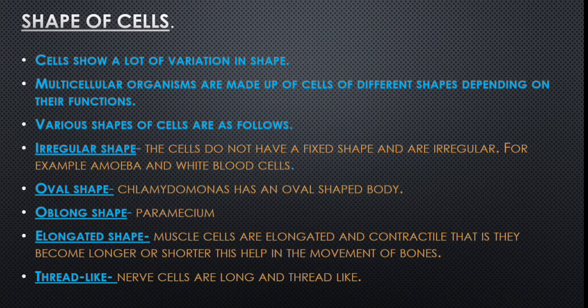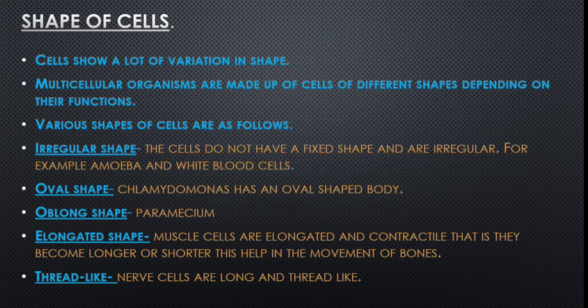Next is oval shape. Example is Chlamydomonas, which has an oval shaped body. Then comes oblong shape. Example is Paramecium. Then elongated shape. Example is muscle cells, which are elongated and contractile, that is, they become longer or shorter.